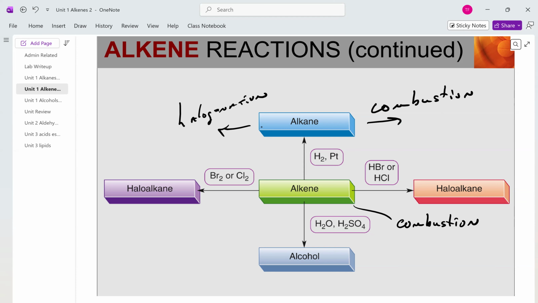There's combustion, turning an alkene into an alcohol, turning it into a halogenated alkane, turning it into a halogenated alkane, only with a different formula though, and then putting hydrogen across the double bond. So there's five reactions for alkenes.